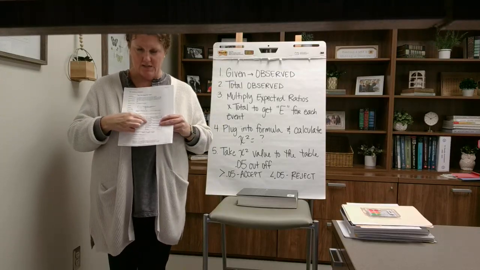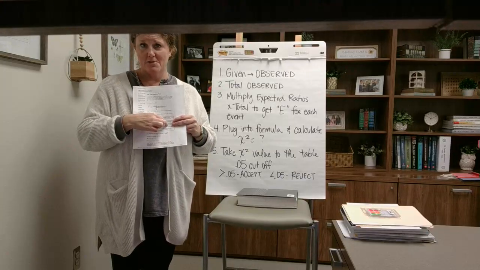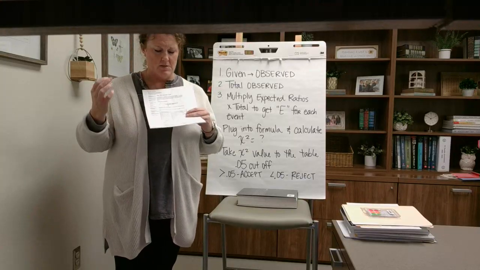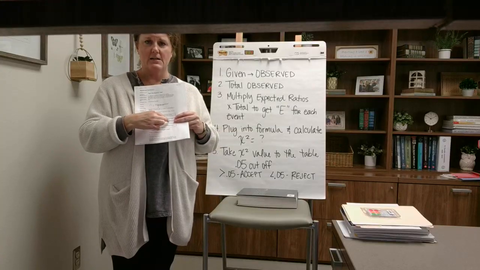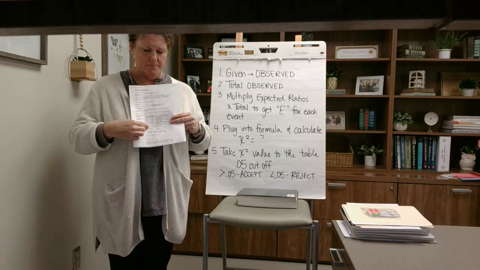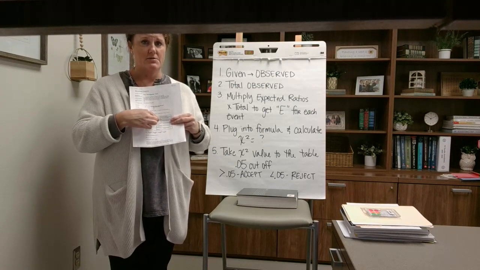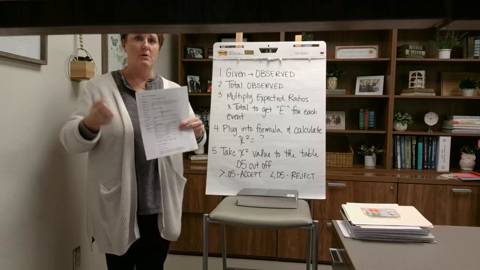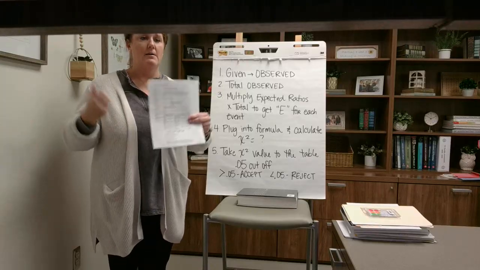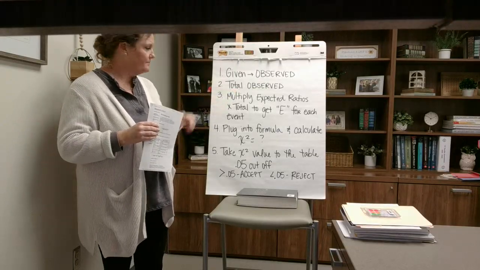So you can see that they did 3 out of 16 times the total, 3 out of 16 times the total. You only have to calculate that once. And then 1 out of 16 times the total. And so we were given our O's here, and then you are going to have to calculate the E values. Okay, so you take the expected ratio and multiply it by the total. So that's why you have to find that first.